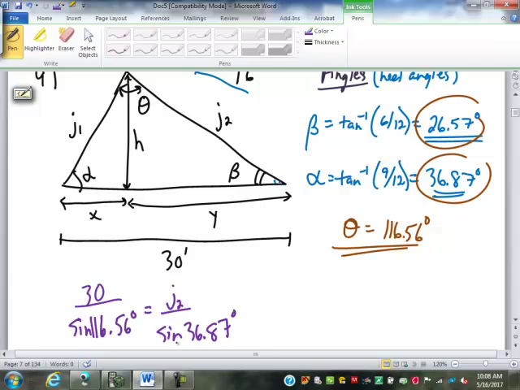Does that look familiar? So remember, we're looking at the big triangle here now. We're ignoring h in the middle. This side here is 30 over the sine of this angle of 116.56 equals J2 over the sine of its opposite angle, which is alpha of 36.87.